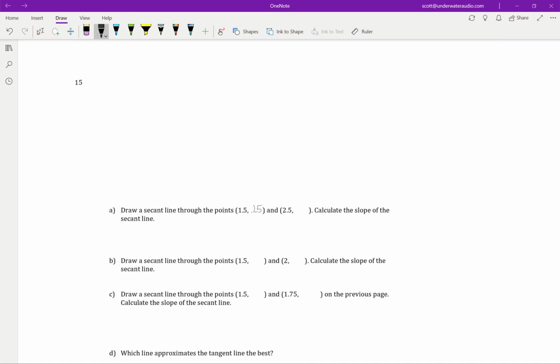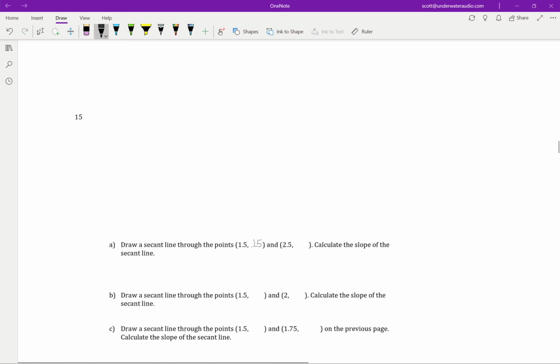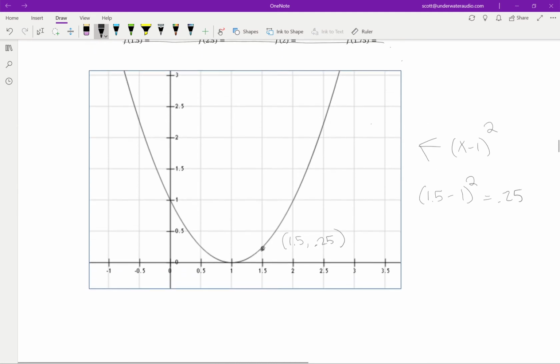And then I want to find the secant line through the points 1.5, 0.25, and 2.5, whatever goes in there. 2.5 on the x-axis is right here, and it corresponds to this point that I need to find. So again, I'll plug it in. 2.5 minus 1 squared. 2.5 minus 1 is 1.5. 1.5 squared, I'm going to have to put that into a calculator.